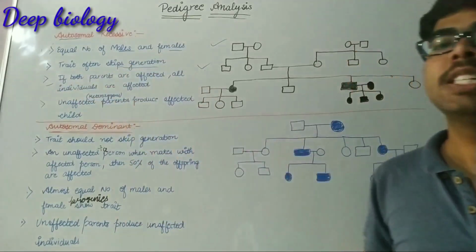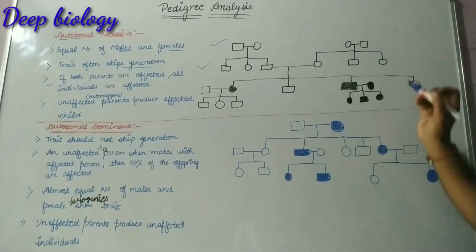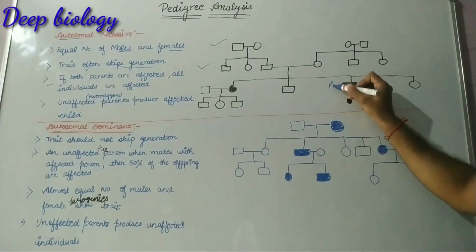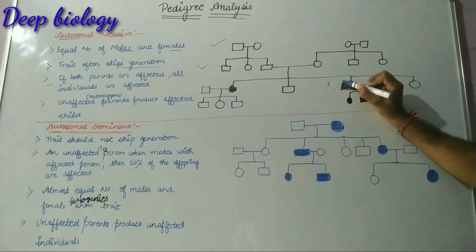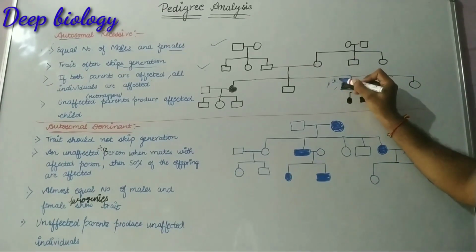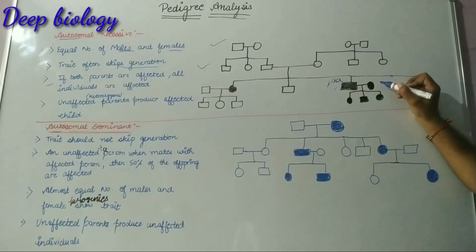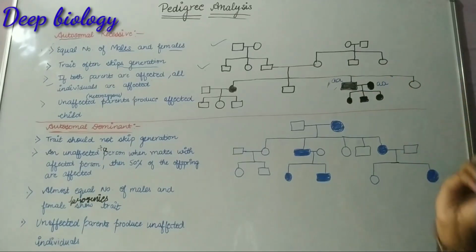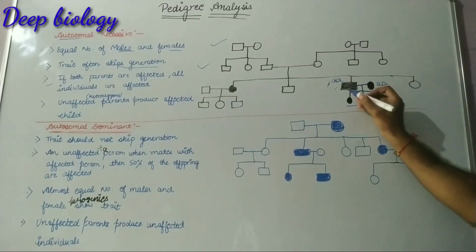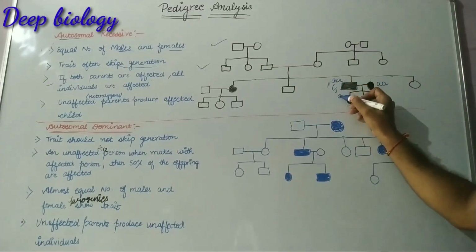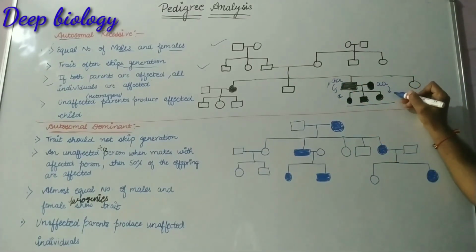Now if both parents are affected by the trait, then it is autosomal recessive. It means their genotype is small a, small a. Now all of the individuals produced by these parents will have this trait, because there is only passing of the small a allele from here and the small a allele from here.